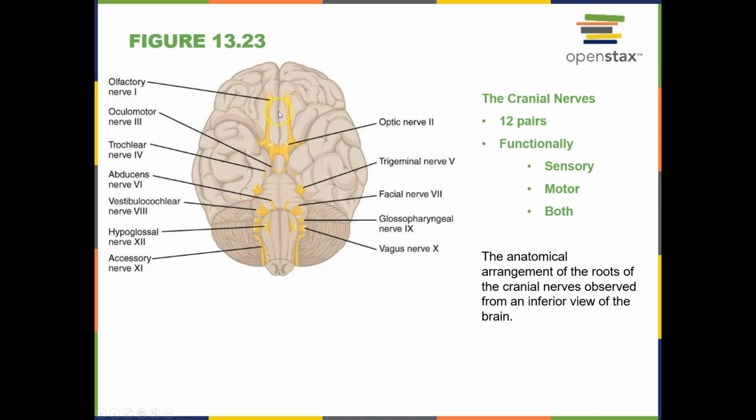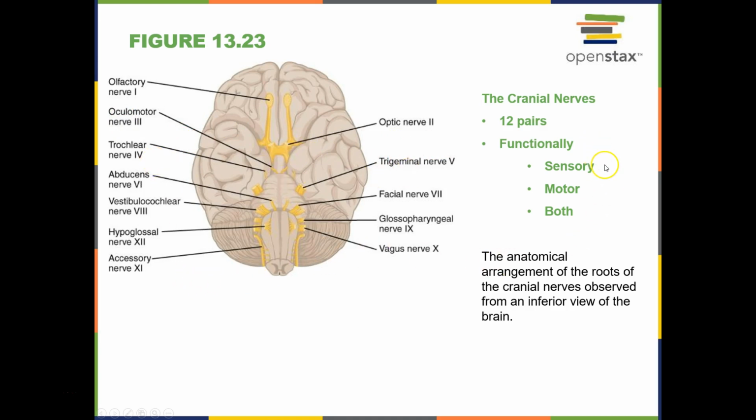If they are both, give me a function for each. If they are motor, what's their motor function? If they're sensory, what's their sensory function? So when you look at the nerves, they are listed as cranial nerve 1 through 12. And you want to know these nerves by their actual name. So if I say name cranial nerve 1, you'd say olfactory. If I say name cranial nerve 5, you would say trigeminal. So that's kind of how it works.